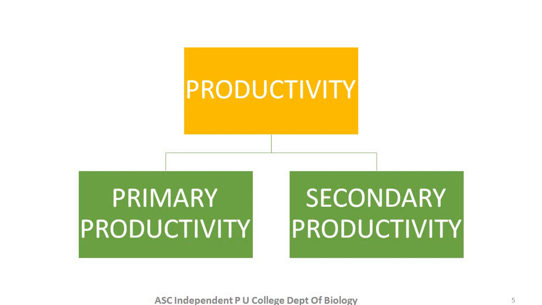The amount of organic matter which is produced by a producer is referred to as primary productivity, and the amount of organic matter produced by a consumer in an ecosystem is referred to as secondary productivity. In future slides, we shall discuss primary productivity and secondary productivity in detail.